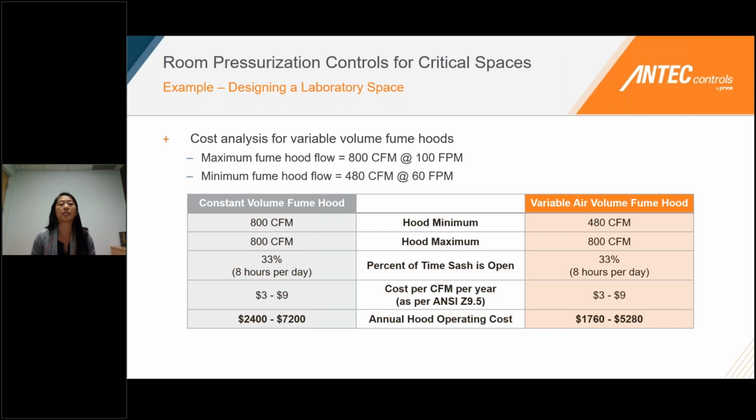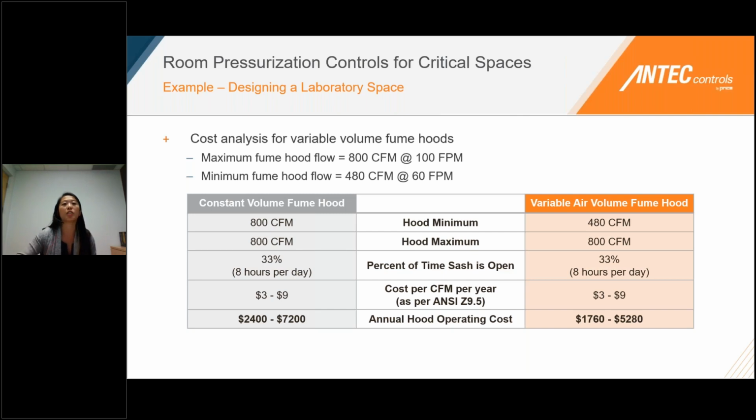And then using the same fume hoods in our example where we're targeting 100 feet per minute, so we require 800 CFM. And then if we were to use a variable air volume fume hood and target 60 feet per minute, we would only need 480 CFM through that hood at those times.